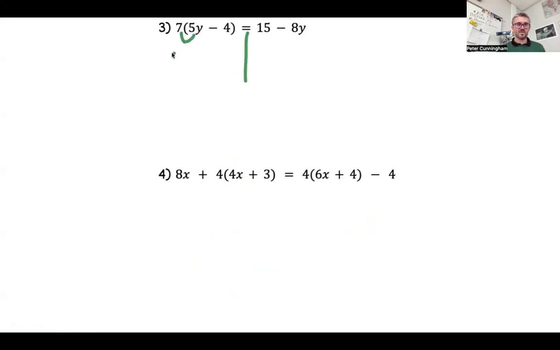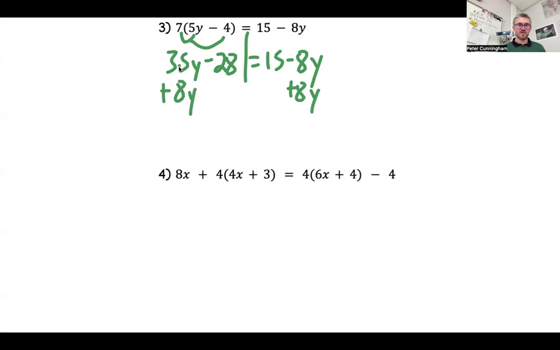Okay, 7 times, we got 35y minus 28 equals 15 minus 8y. Get all your y's onto one side. I'm going to add 8y to both sides. 35 and 8 makes 43y minus 28, plus 28 on both sides.